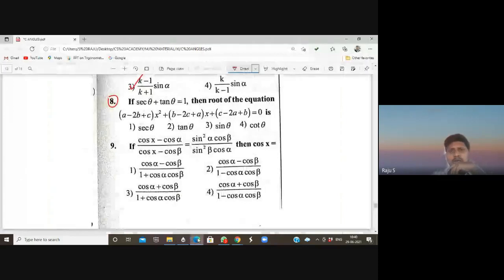Otherwise, you can give some A, B, C values. Say A is equal to 1, B is equal to 2, C is equal to 3.